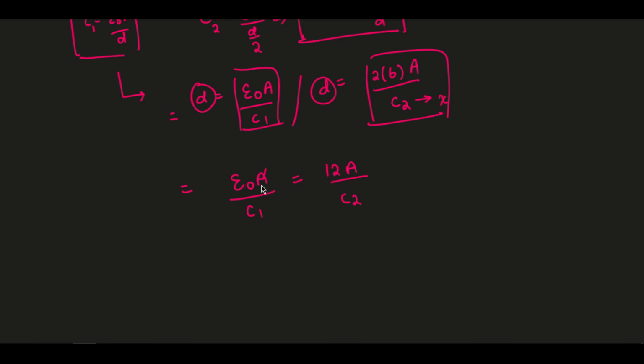And here the A's will cancel. Let me take a different color in order to represent that. So A's will cancel, right? And C2 is X. So finally what we will end up getting is epsilon naught by C1 equals 12 by X. We know the value of epsilon naught, we know the value of C1, we know the upper value over here, which is 12.